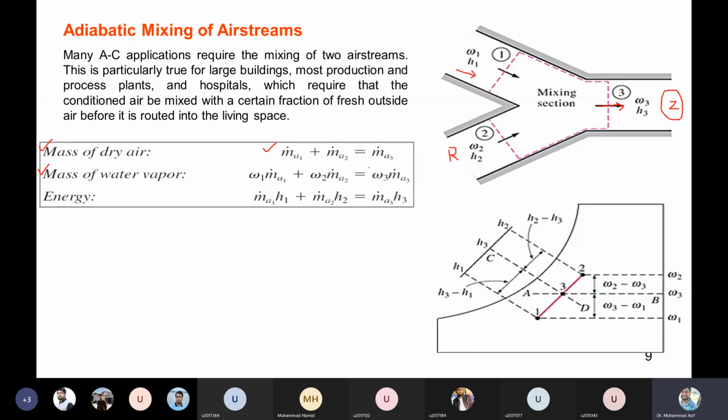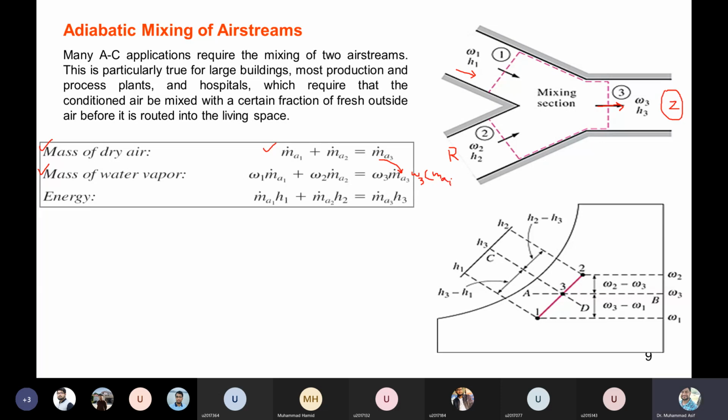From here, as you can see, we can eliminate Ma3. We can put the value of Ma3 here. If we put the value of Ma3 here, then omega 3 into the value of Ma3, which is Ma1 plus Ma2.